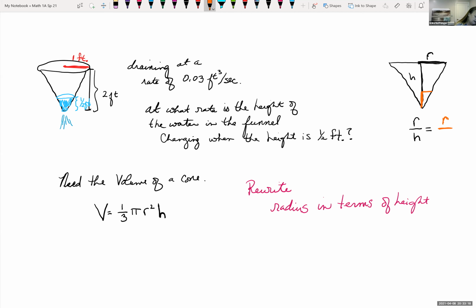At this height here was 1/2. Okay. Did that help me? So let's solve for R in this case.